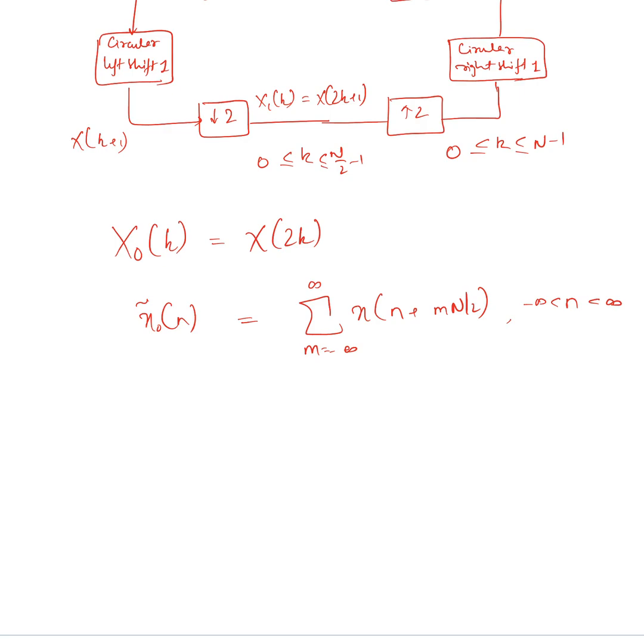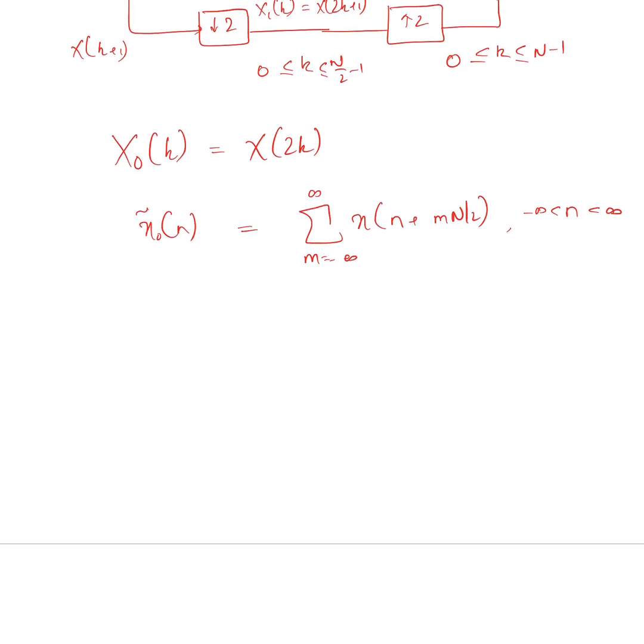Since x of n has length N, only two of the shifted copies of x of n overlap in the interval 0 to N by 2 minus 1. So the corresponding sequence x0 of n would be equal to x of n plus x of n plus N by 2, for n lying between 0 to N by 2 minus 1.